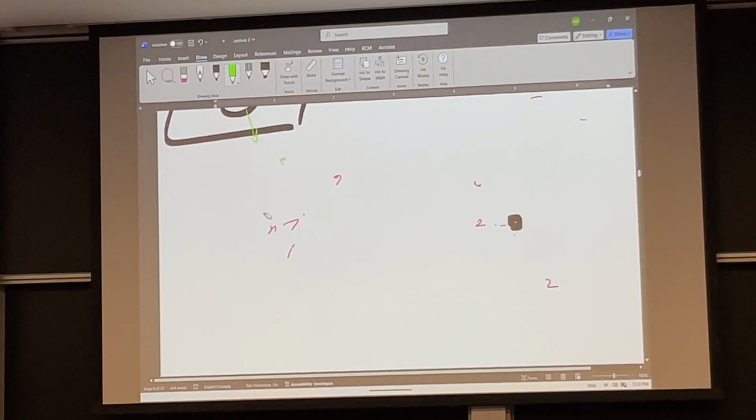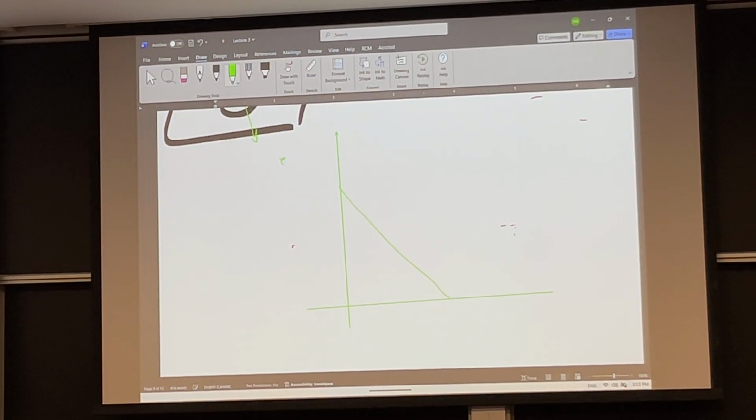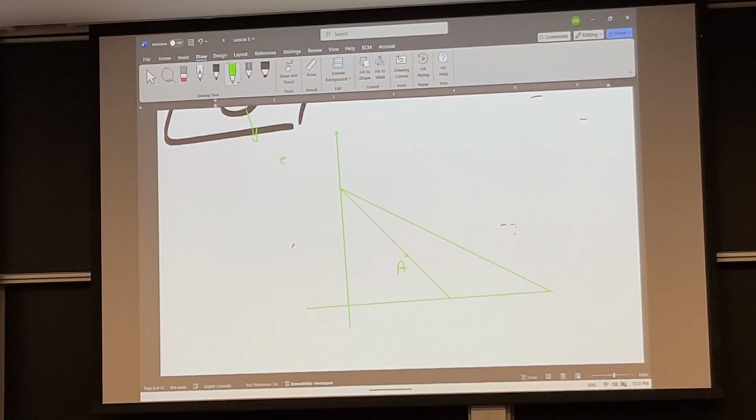Let me graph it for you and tell me what you see there. That's the price. That's A. Somewhere on it is B. That is your initial indifference curve.